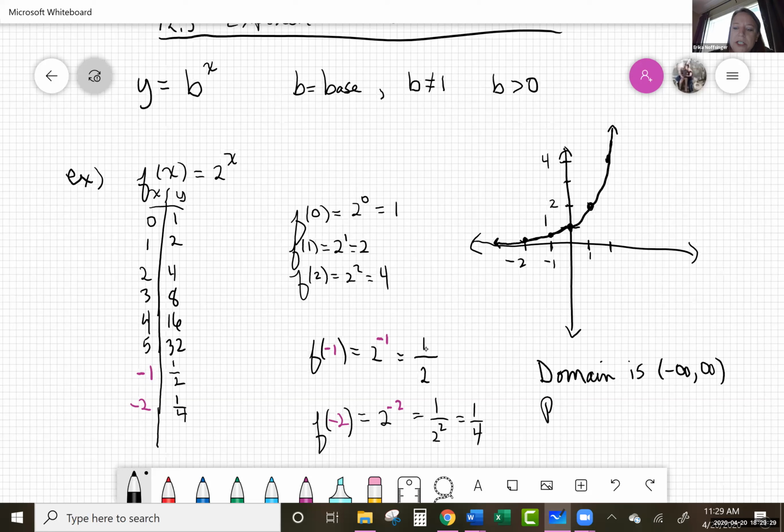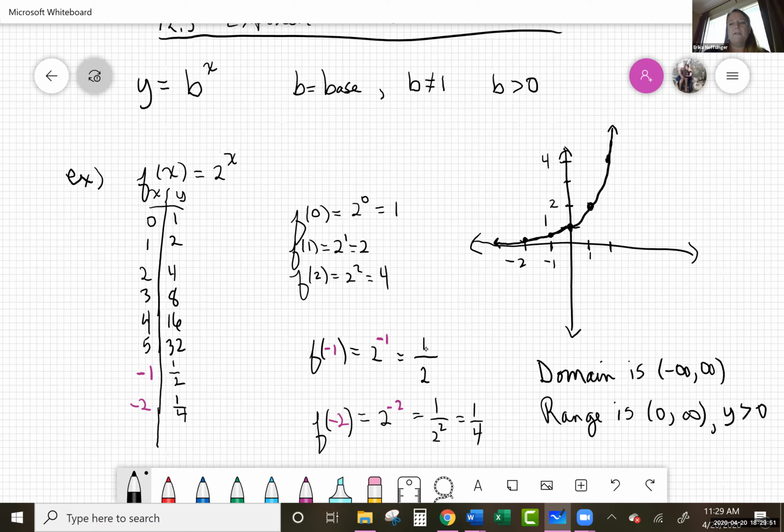But our range is 0 to infinity, not including the 0. It's getting closer and closer to 0, and it looks like it's touching, but it's not going to touch. Another way to say that is y is greater than 0.